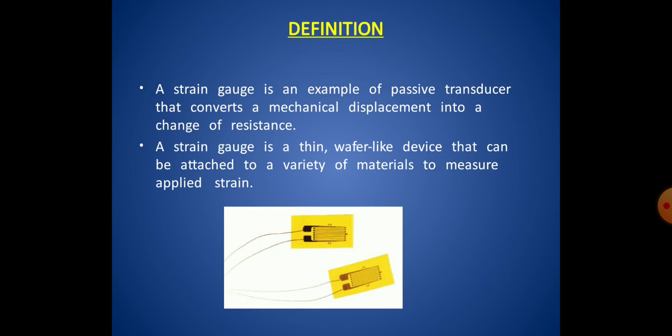Here, a strain gauge takes the input as strain or deformation, and the output is in terms of an electric signal or resistance. A strain gauge is a thin wafer-like device that can be attached to a variety of materials to measure applied strain.